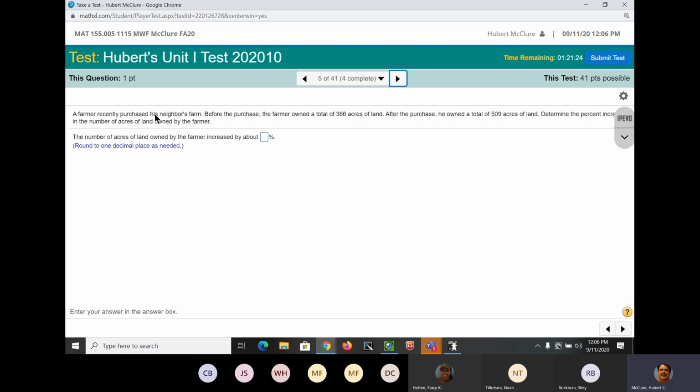A farmer recently purchased his neighbor's farm. Before the purchase, the farmer owned 366 acres. After the purchase, this is new minus old. So new minus old over old multiplied by 100.